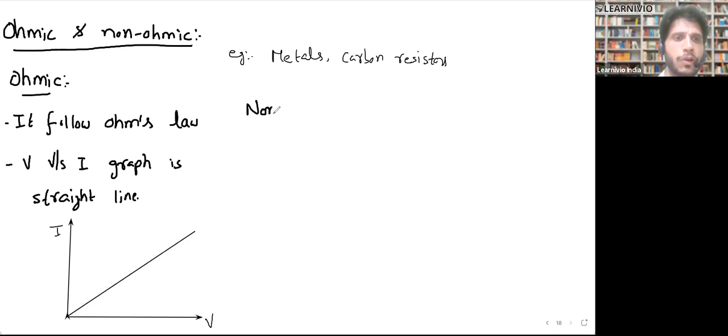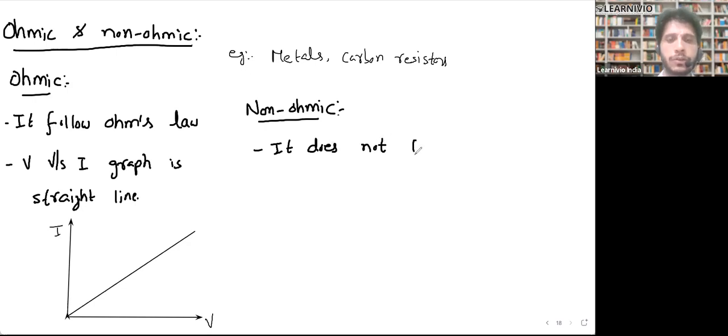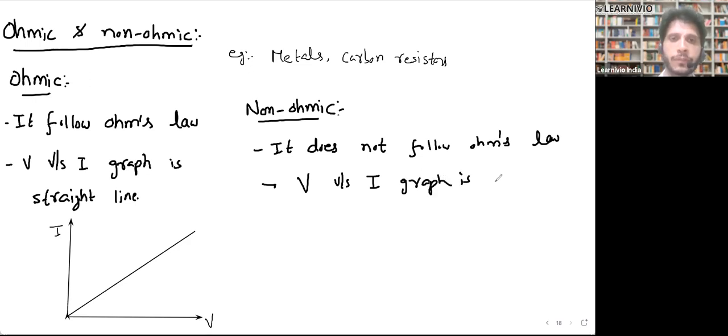After ohmic, we also have non-ohmic material. It does not follow Ohm's law. V versus I graph is not a straight line.